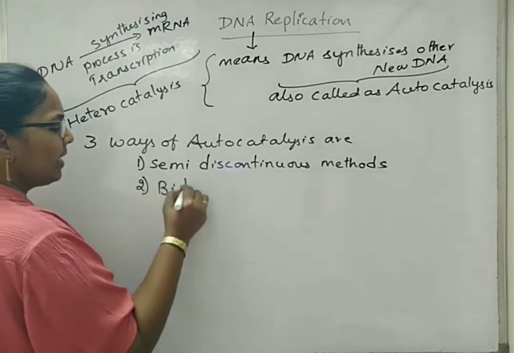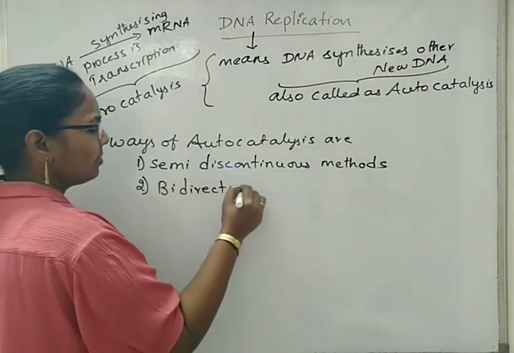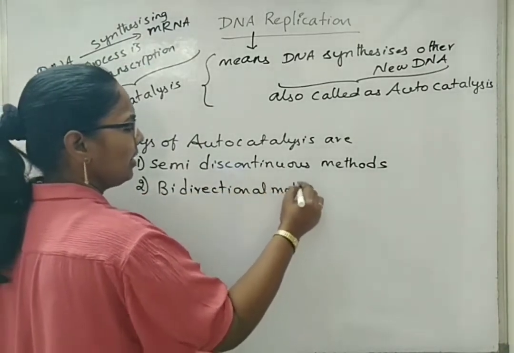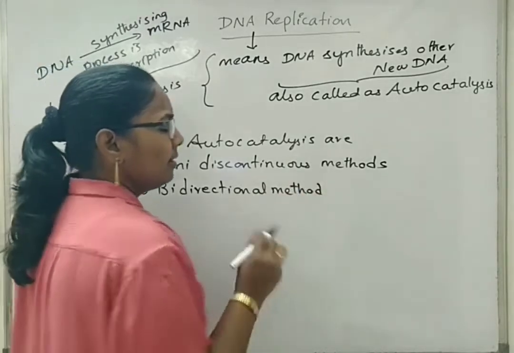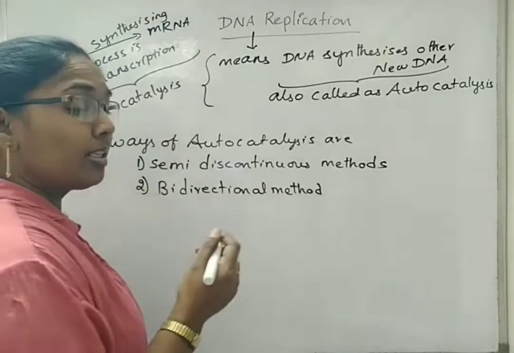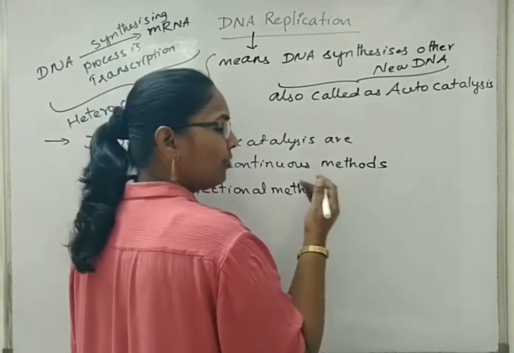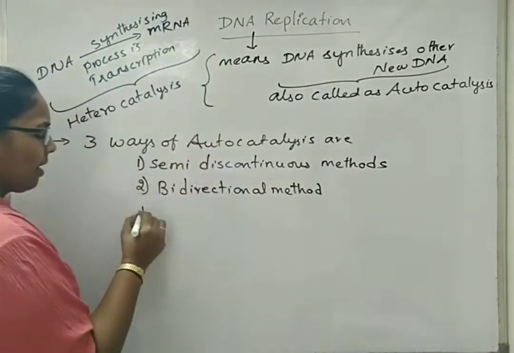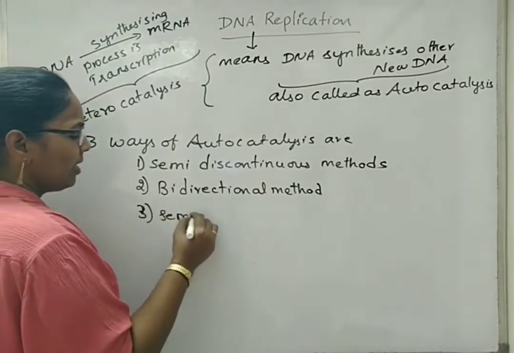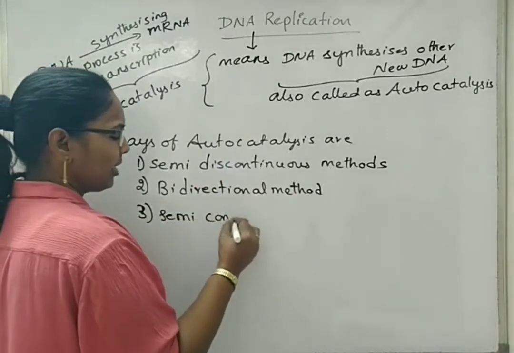Second one, the bidirectional method in which both the strands are involved, and this is explained by the Y-fork method of DNA replication. And third one is the semi-conservative method of DNA replication.